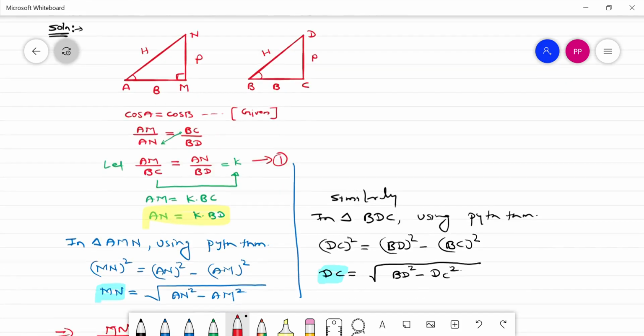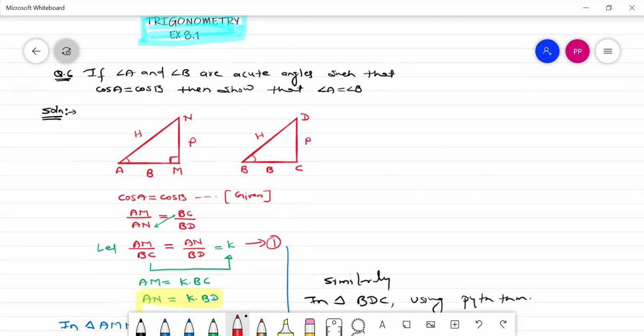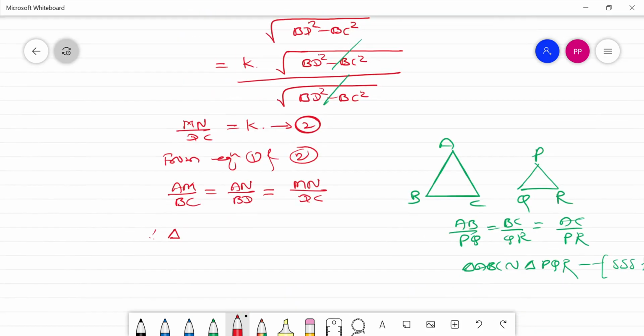So similarly here the two triangles are, what is the name of triangle here that we took? Triangle AMN and BCD. So triangle AMN is similar to triangle BCD. What is the reason? SSS test. Now we know that when two triangles are similar, then its corresponding sides are in proportion and corresponding angles are equal.